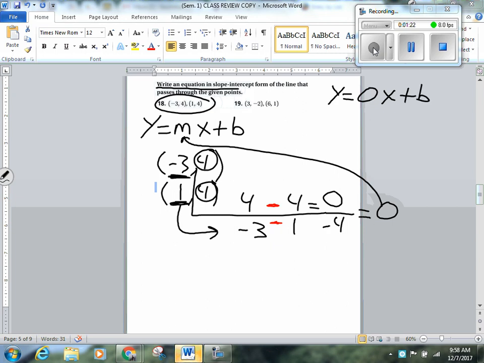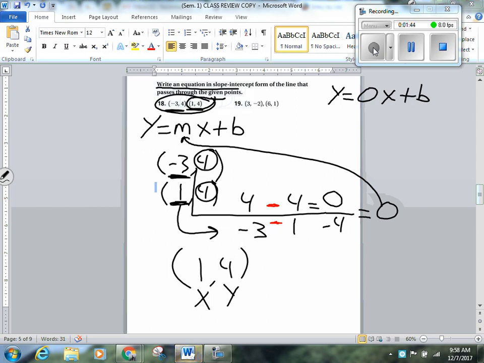And then I need to substitute. You can substitute any one of these numbers. I like to use the numbers that are both positive. When I look at these numbers, I notice that 1, 4 are my positive numbers. So I'm going to rewrite that over here, and I'm going to label it x and y.